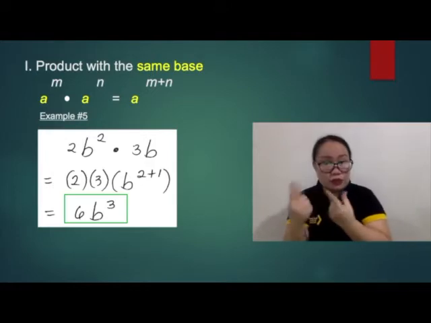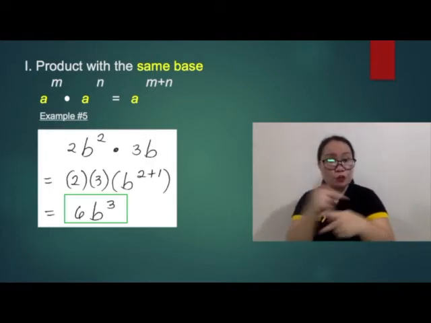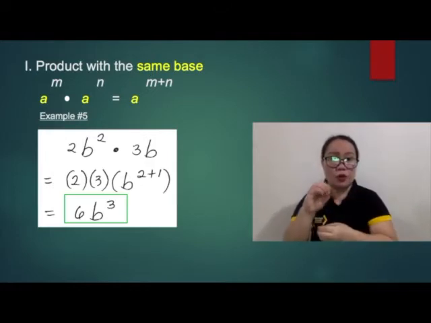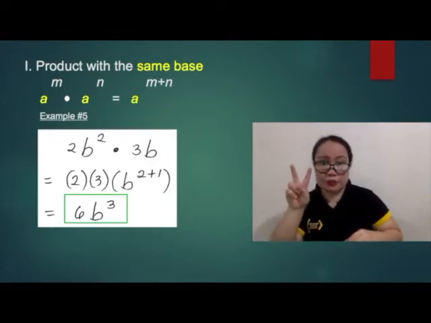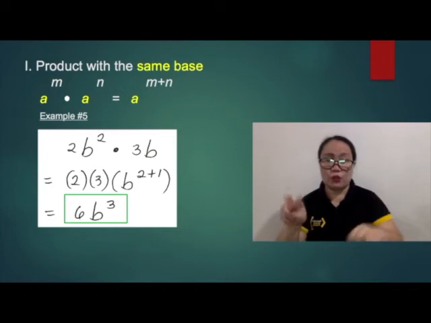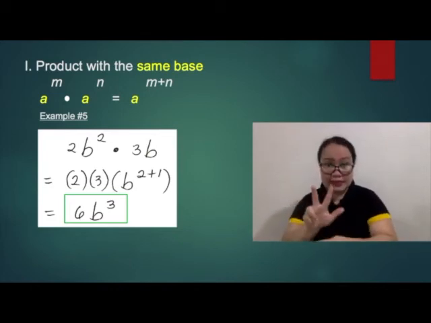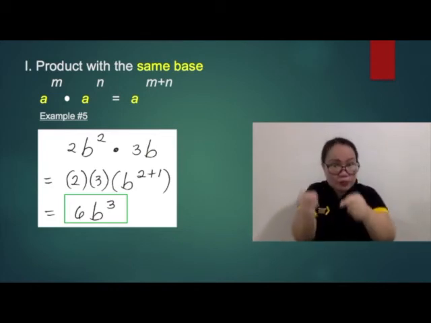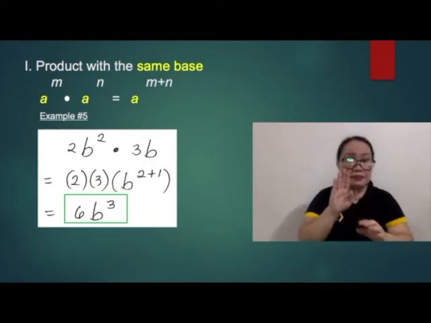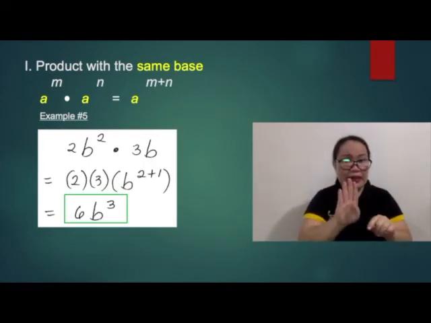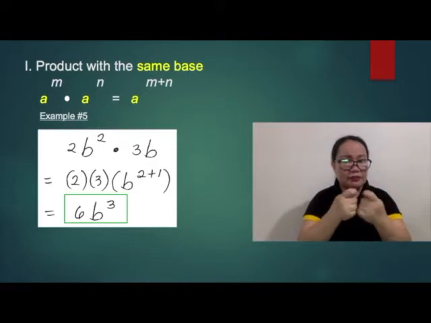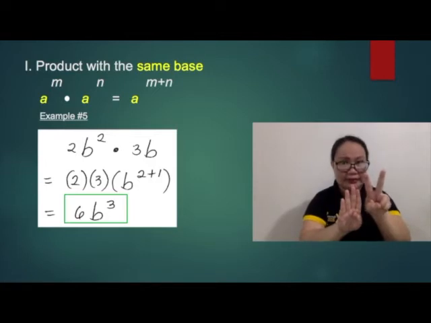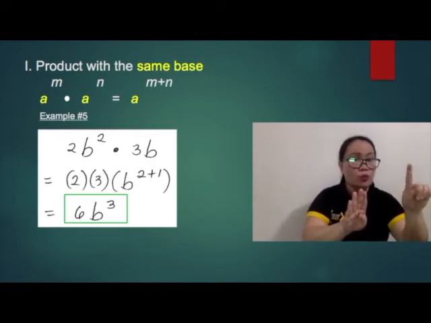So first, what to do? First, you multiply the numerical coefficients, which are 2 and 3. So 2 times 3, enclose that with parentheses, and then b. What is the exponent of the first term? The first variable is b squared, and then the second is 1.